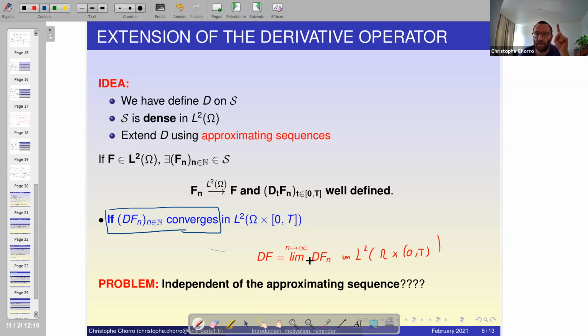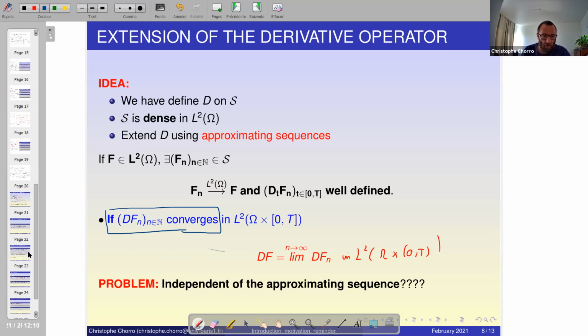So that's what I have to prove if I want to extend my derivative operator using this idea: using approximating sequences such that the limit of the derivative exists, and defining the derivative of my limit as the limit of the derivatives. So the first problem I have to solve is to prove that I am independent of the choice of my approximating sequence, and it's exactly what we are going to do now.